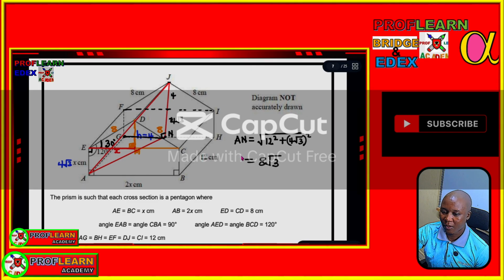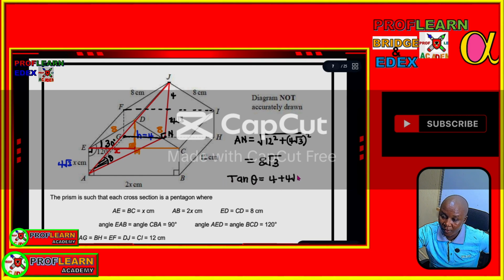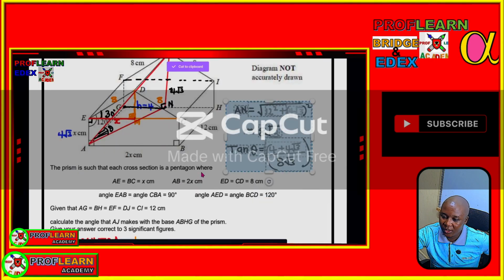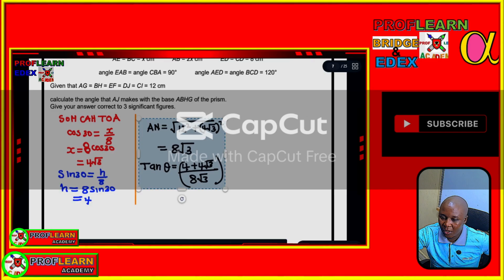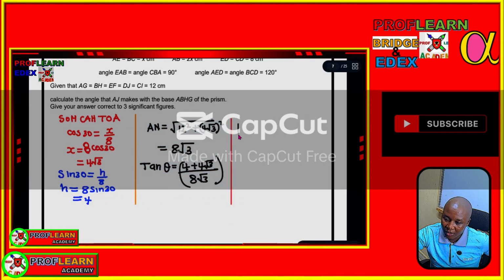Now we can find the angle theta using tan. Theta is equal to opposite over adjacent. Opposite is 4 plus 4 root 3. Adjacent is the 8 root 3 that we've got, and if you work out this angle, you're going to get about 38 degrees.